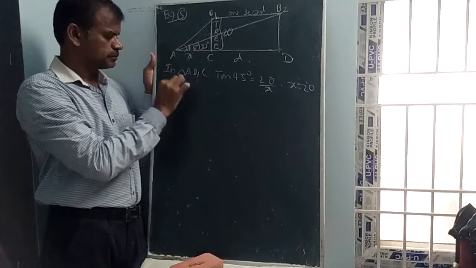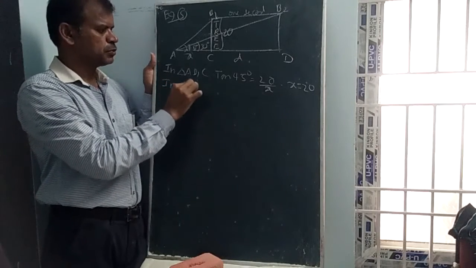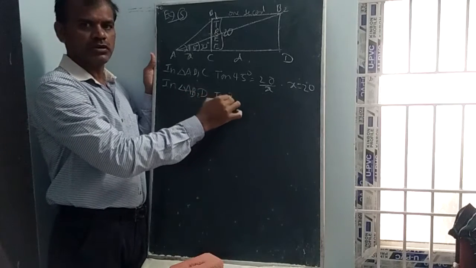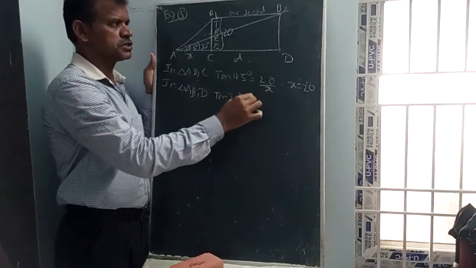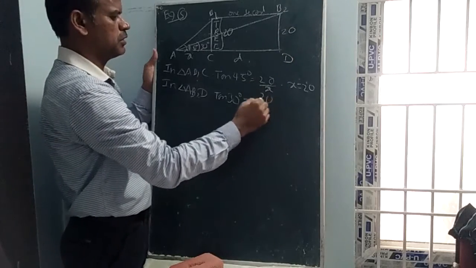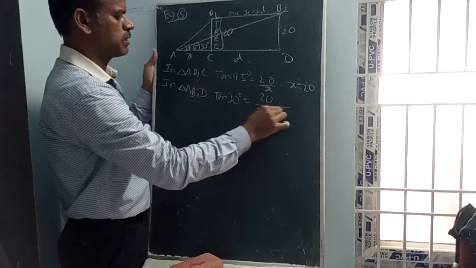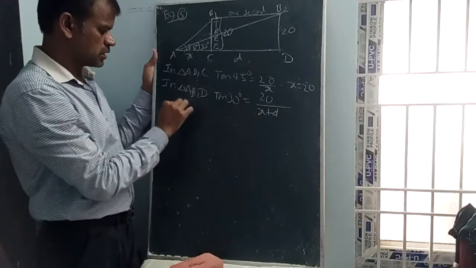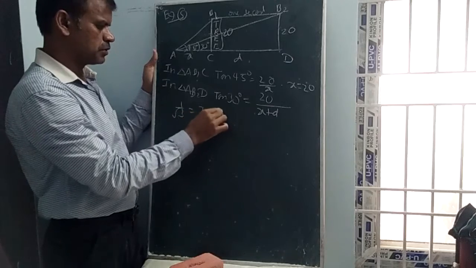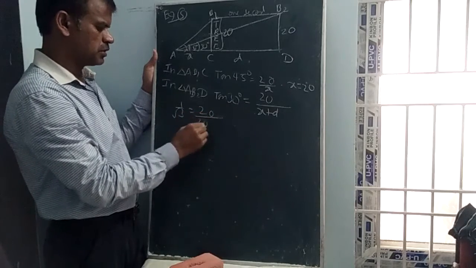In triangle AB2D, tan 30 degrees is equal to 20 by x plus d, the same height. Tan 30 value is 1 by root 3, so 1 by root 3 equals 20 by 20 plus d.